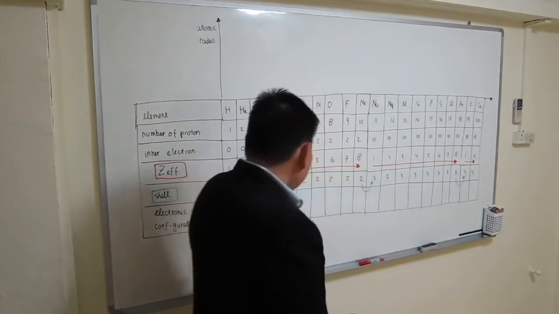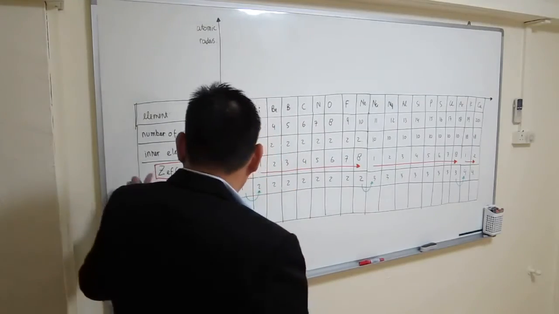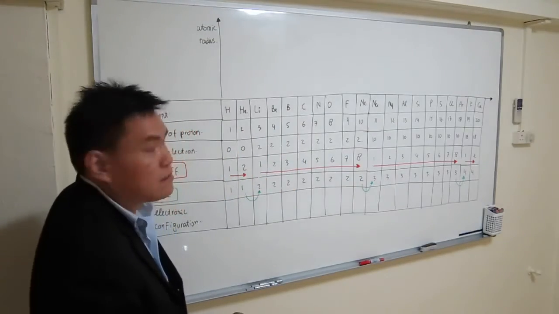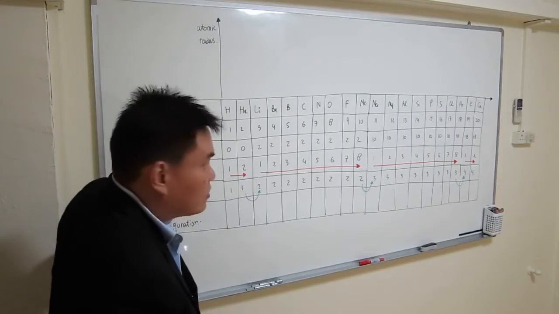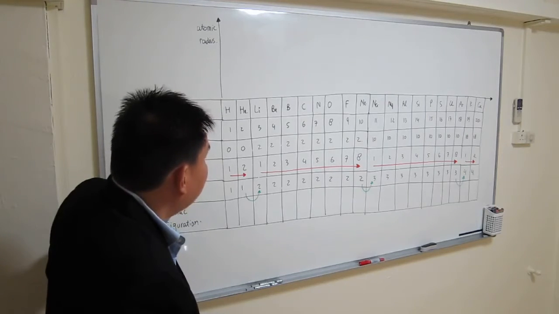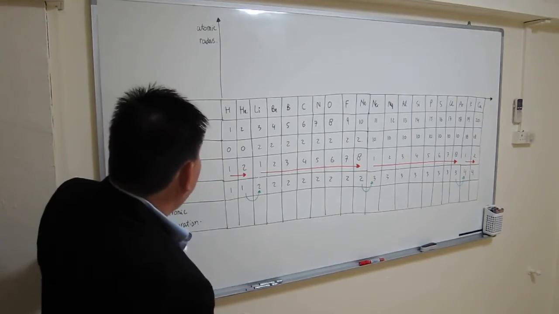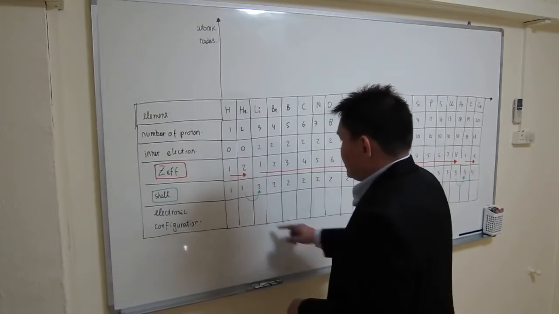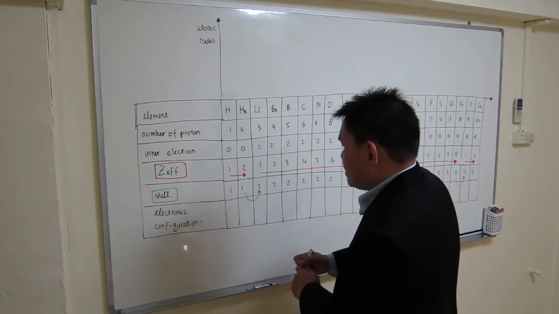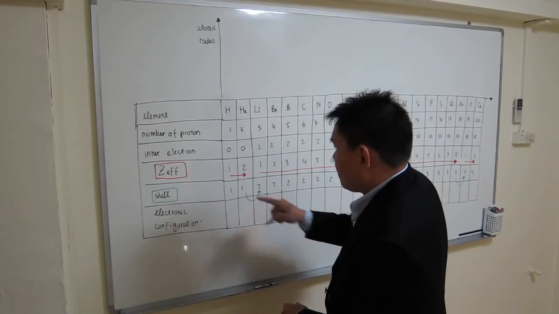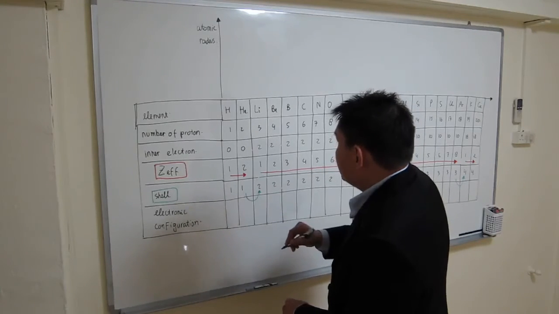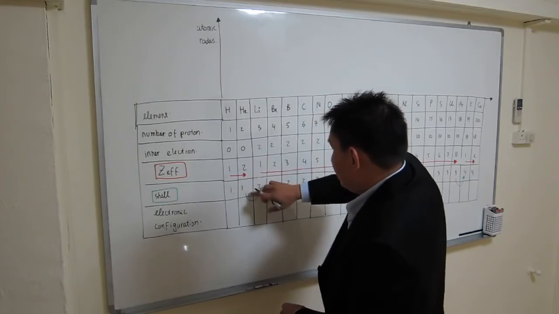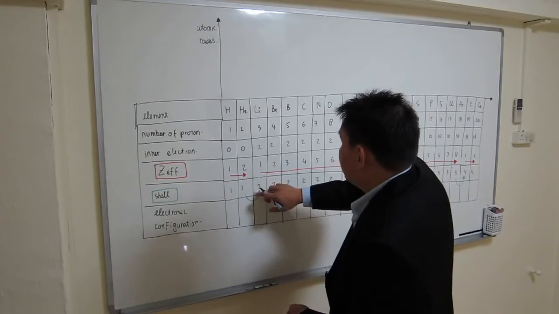Now, these two factors affect atomic radius the most. How are we going to draw the atomic radius trend? Very simple. First of all, we are going to draw the trend by the increase of the number of shells.